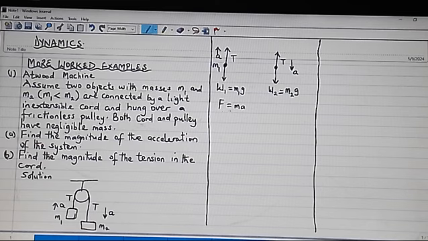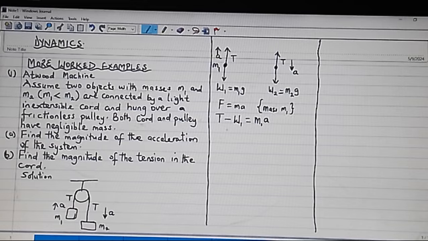So the tension is great enough to overcome the weight, so it's higher than the weight. So the total force will be the tension minus W1 is equal to M1A. We are using M1 because we are looking at mass M1.